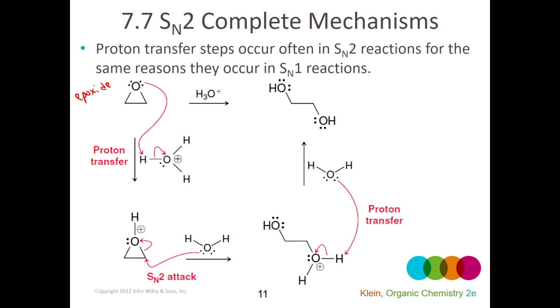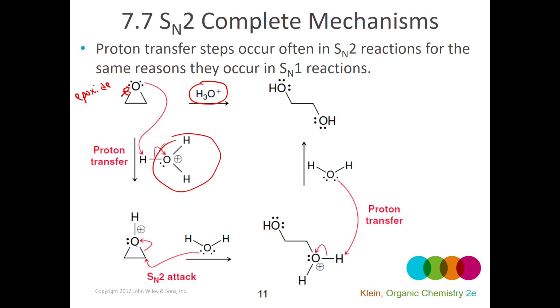But still, we don't have a great leaving group here. Even if the ring just opened up right away, it would still create a negative on an oxygen, which would be kind of unstable. So to avoid the formation of a negative formal charge, we can add H3O+. Adding H3O+ provides a proton, so this oxygen can do a proton transfer. Now we create a water molecule here, after this electron pair stays as a lone pair.